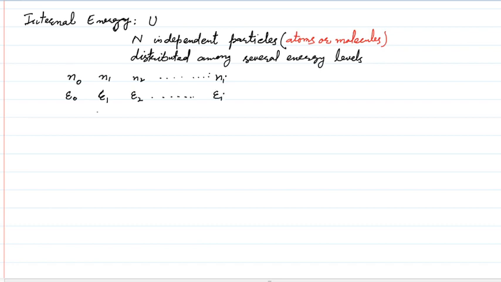Now we know this internal energy is basically the sum of these energies, that means n0 E0 plus n1 E1 plus n2 E2 plus so on up to Ni Ei.